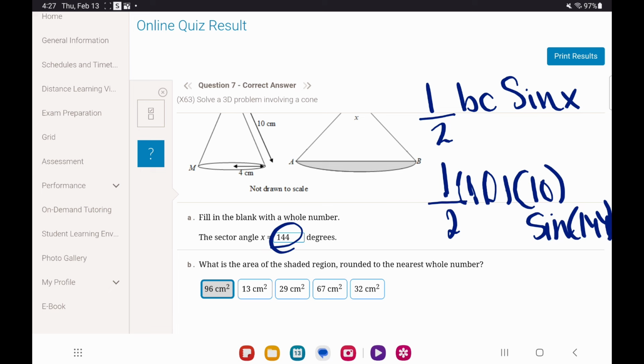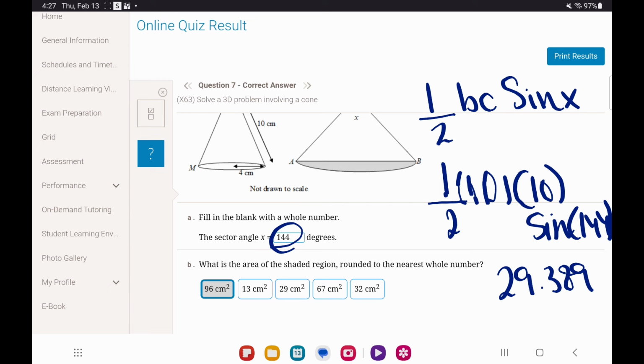If you do that on your calculator, over 2, you get 29.389. I like to keep my values on my calculator because sometimes you might make calculation mistakes by rounding it, so I like to not round it.